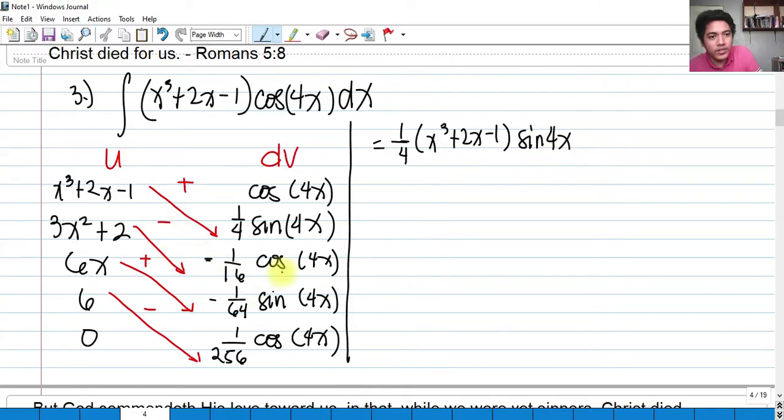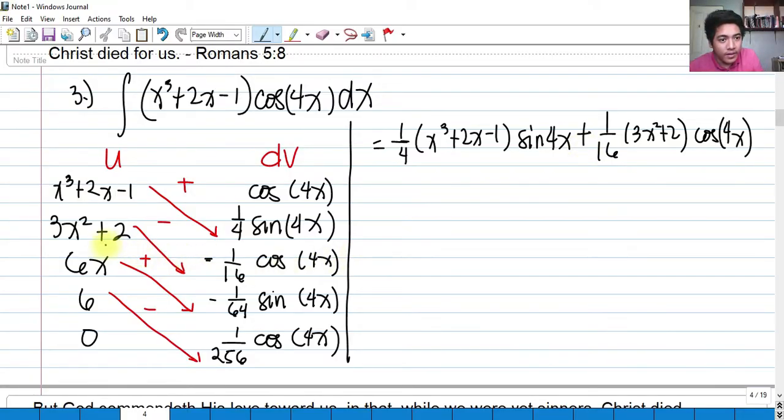Minus 1 over 16 of the 3x squared plus 2, then cosine of 4x. So take note that this minus sign and the negative 1 over 16 here mean this should become plus. So that should become a plus now.